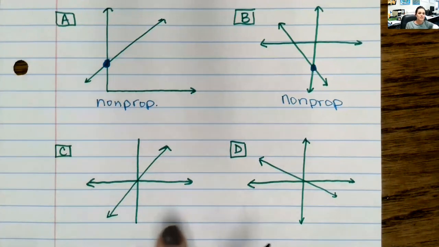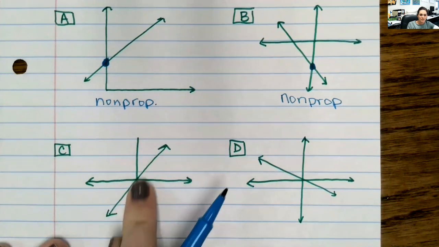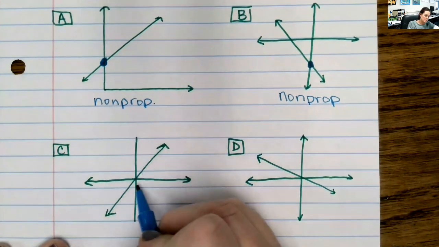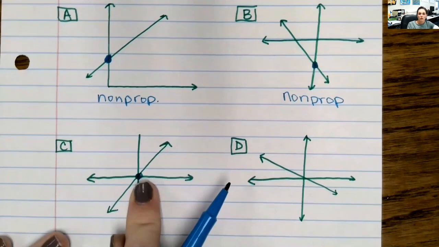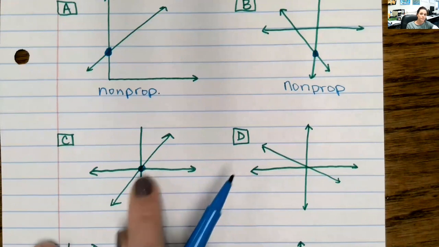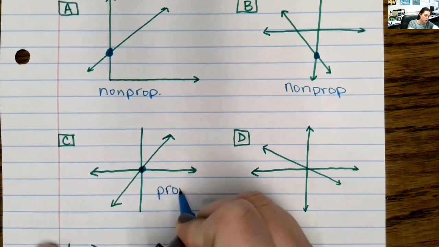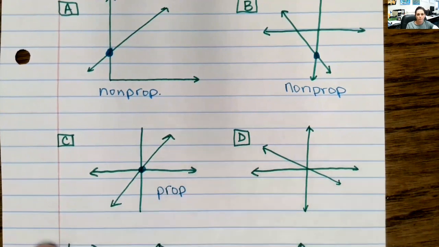Oh, well. All right. So again, C, we're focusing in on the axes, this vertical line. And we see that it crosses right there in the center. So because it crosses through the center, proportional, non-proportional, or not linear? Proportional. Good. Because remember, proportional goes through 0, 0.